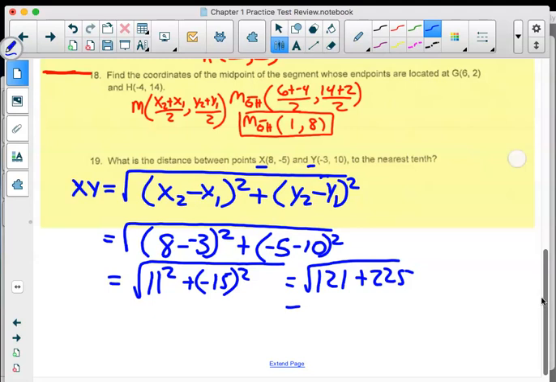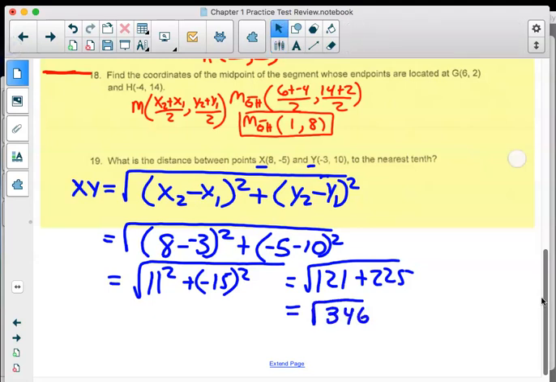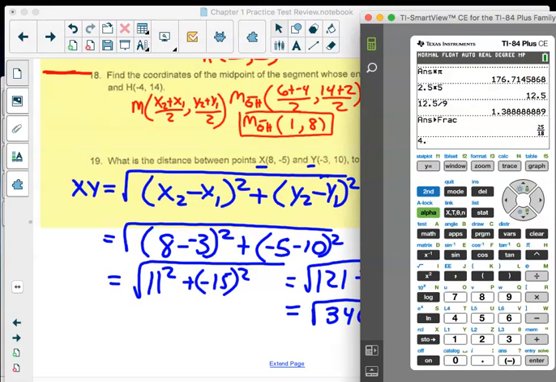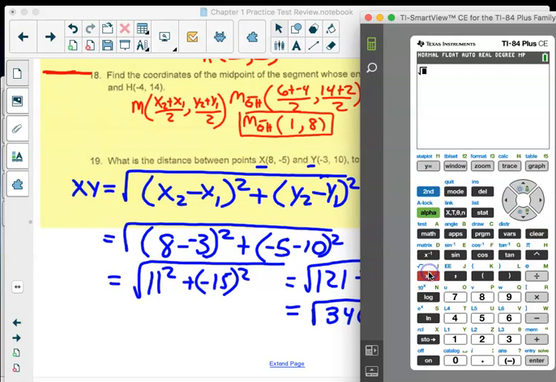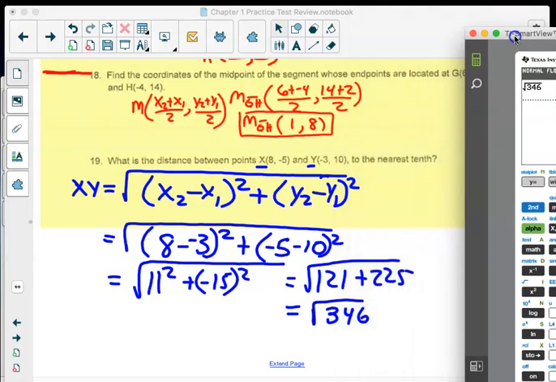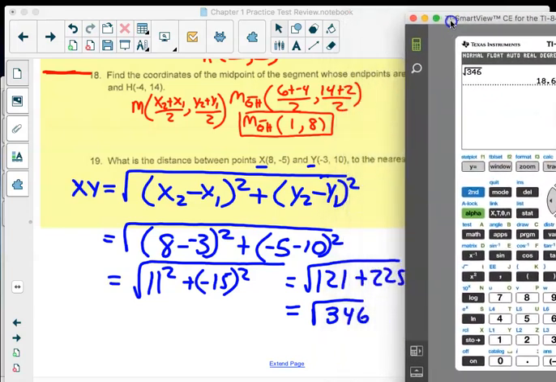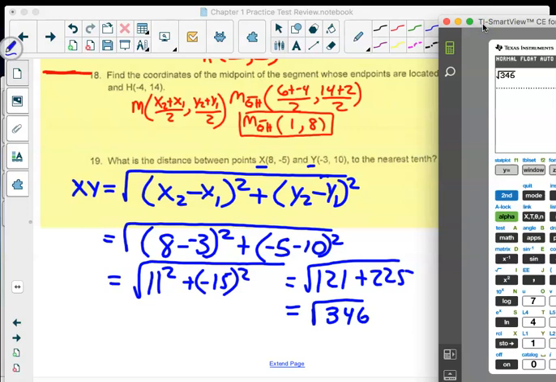So I've got my 346, and I grab my handy dandy calculator, and I'm going to clear this out, and I'm going to go, hey, I've got the square root, second square root of 346, and that's going to enter 18.6. Now I'm going to see, what do they want me to do? Nearest tenth. So 18.6 is my answer.